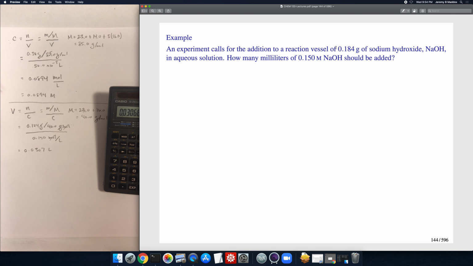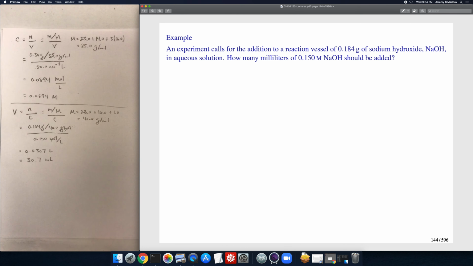They want us to express that in units of milliliters, so we'll do that conversion on the fly, 30.7 milliliters. Okay, so we need to be able to take the molarity equation and rearrange it and solve for the unknown quantity, volume in this case.